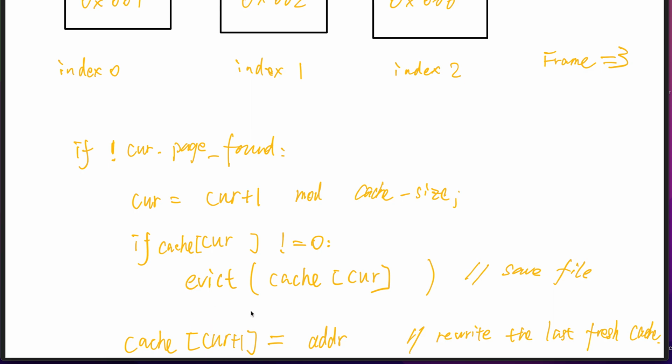We can keep using this monotonic queue to determine where we should put the most recently acquired memory. After that we can rewrite the memory's start address to that specific index. Thank you.